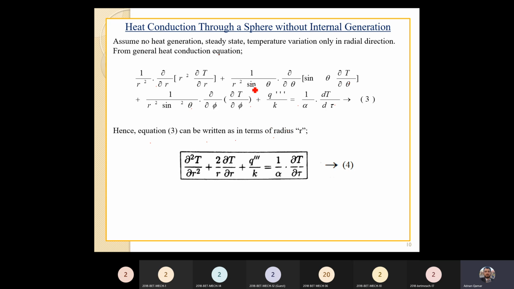So the other directions, theta and phi, would become equal to 0.